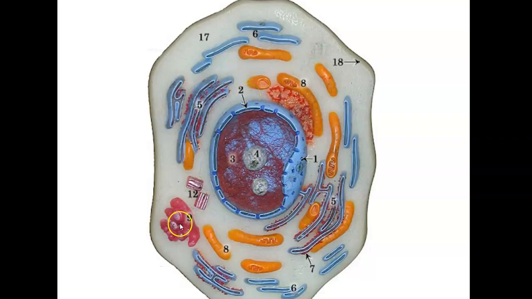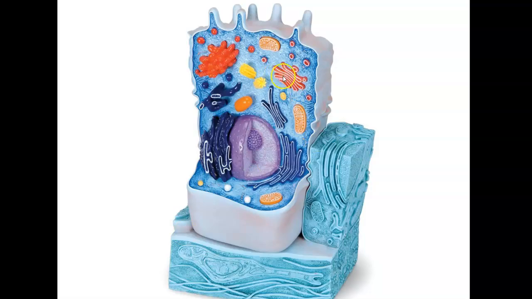So number 9 represents the Golgi apparatus here. And on the next slide, the Golgi apparatus is this red pancake-like structure, also called the Golgi body. It is a stack of flattened sacs near the rough endoplasmic reticulum.